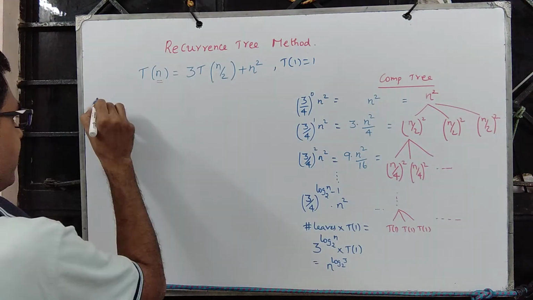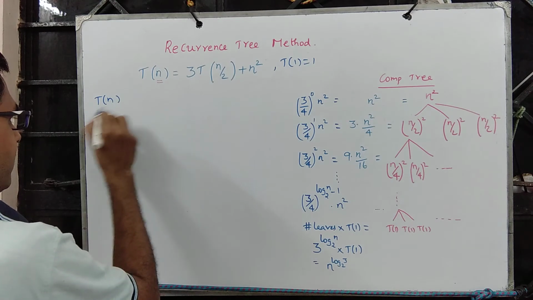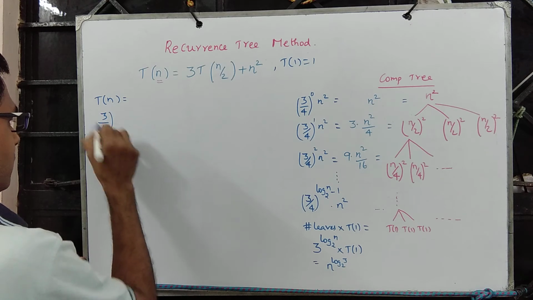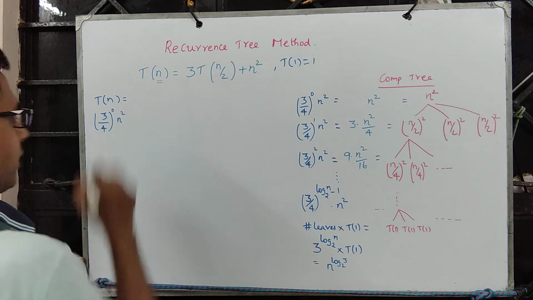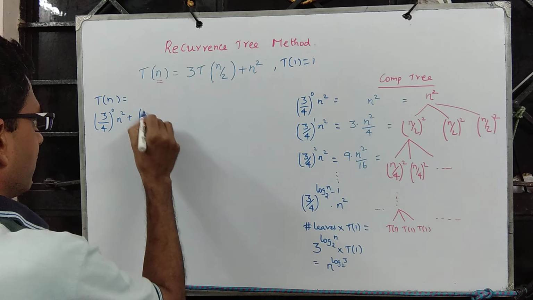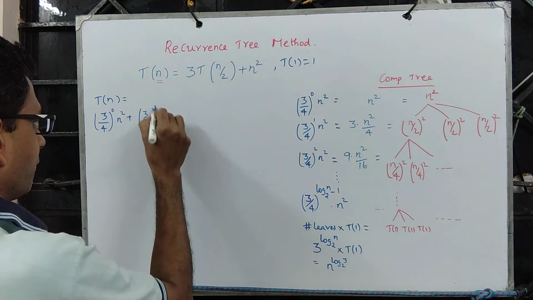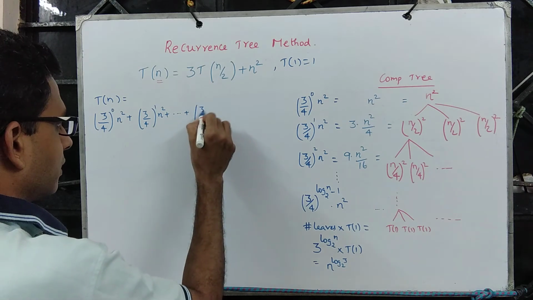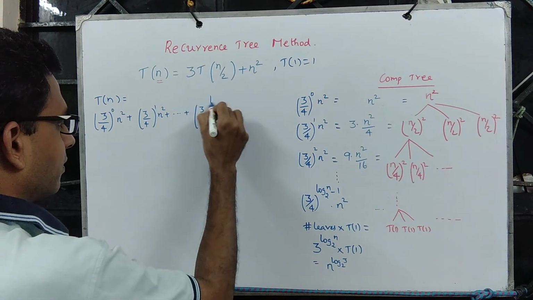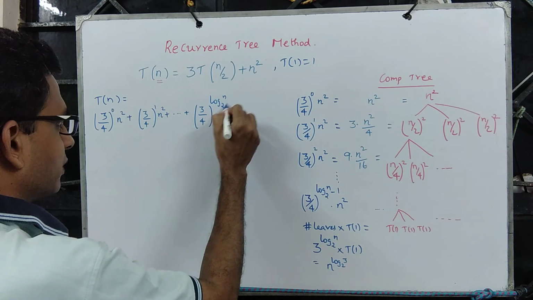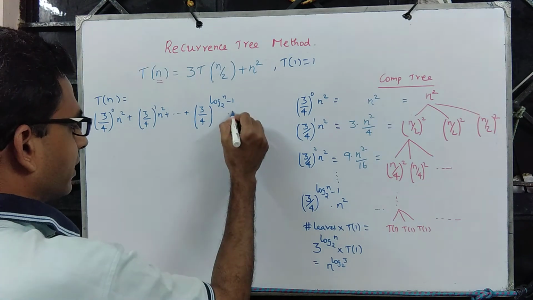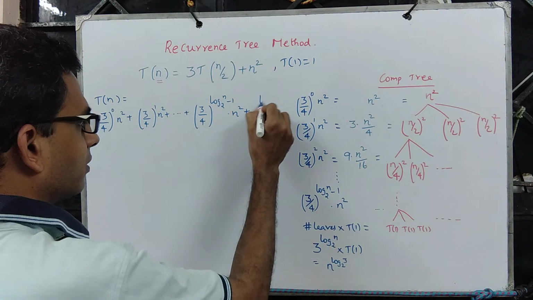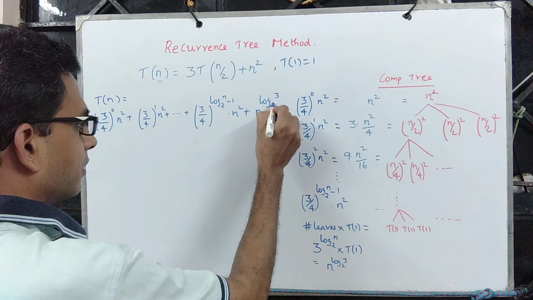So what is the value of T of n? The value of T of n is 3 by 4 to the power 0 n square, then 3 by 4 to the power 1 n square, and like that it goes, up to 3 by 4 to the power log n base 2 minus 1 times n square, plus n power log 3 base 2.